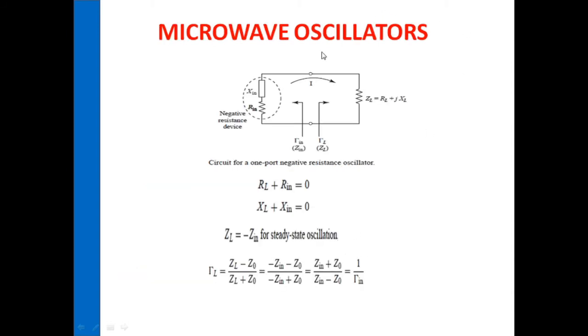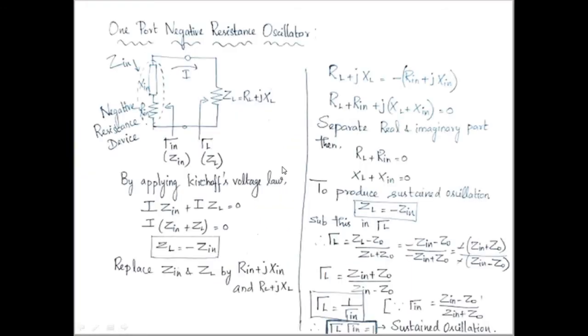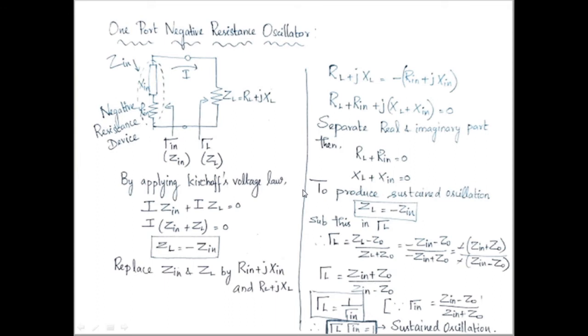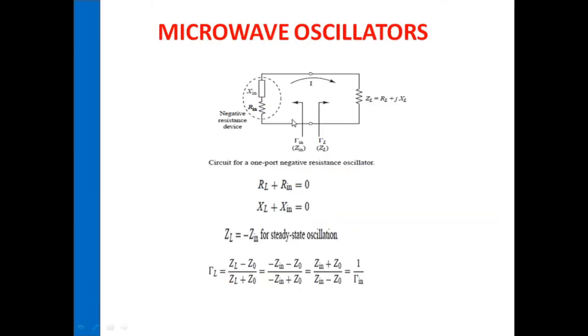Now coming to the microwave oscillator, there are basically two models. One is the one port negative resistance oscillator, and the next is the two port transistor oscillator model. These are the two types. But the very important point is that microwave frequencies are in the gigahertz range.